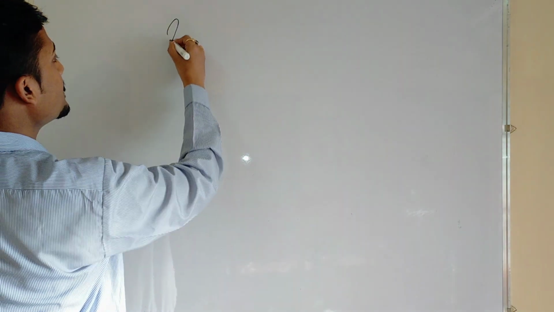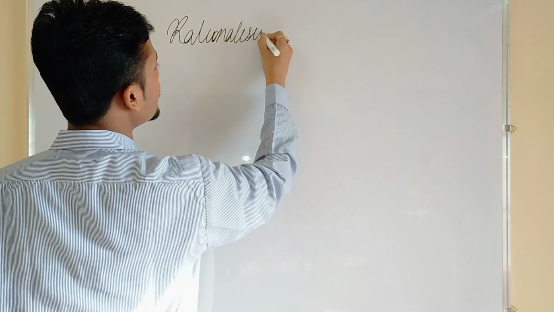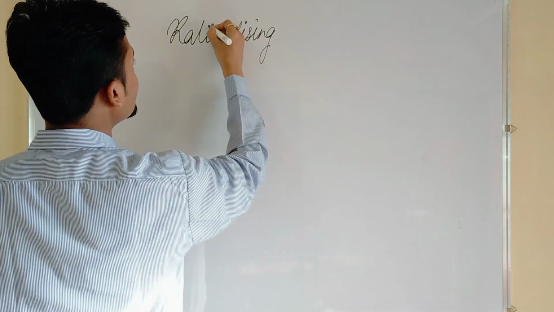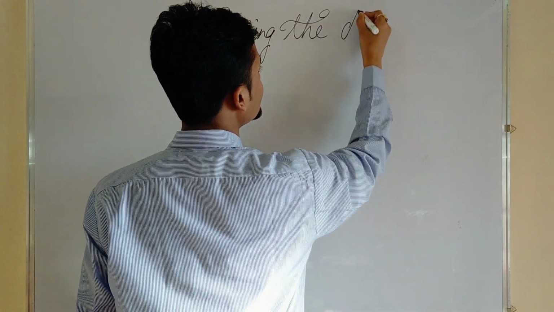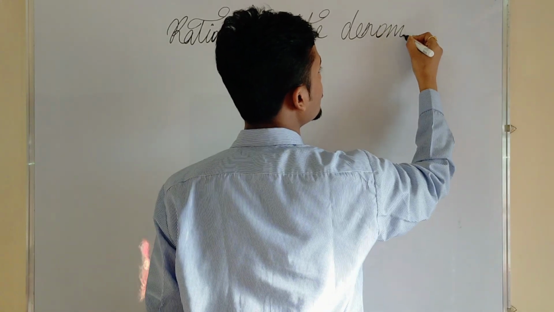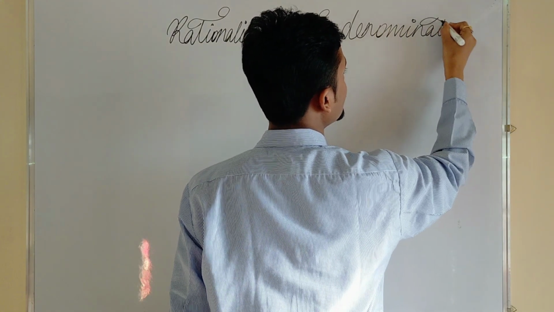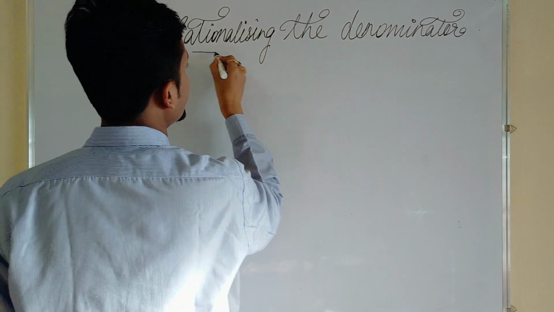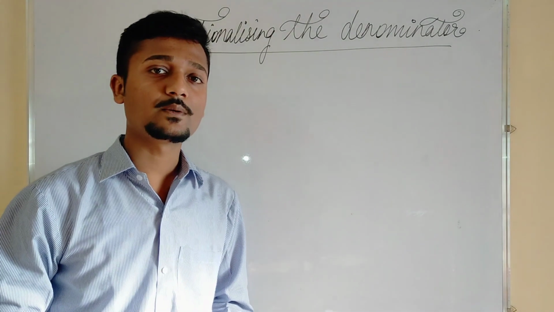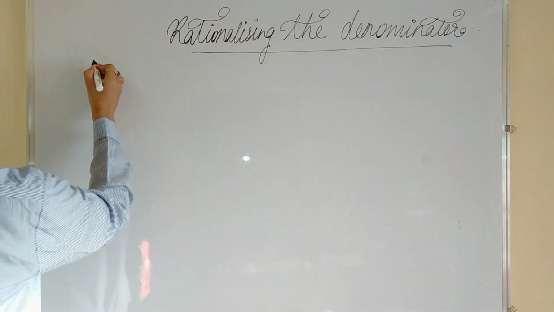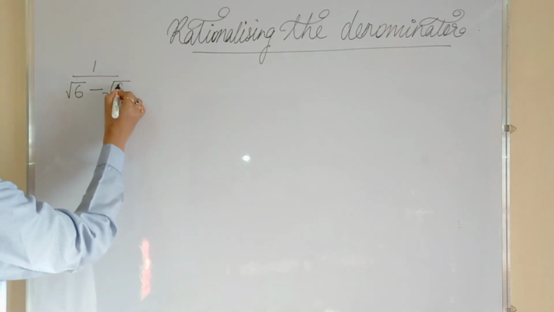So today's topic is rationalizing the denominator. The first question that we will be doing is 1 by root 6 minus root 5.